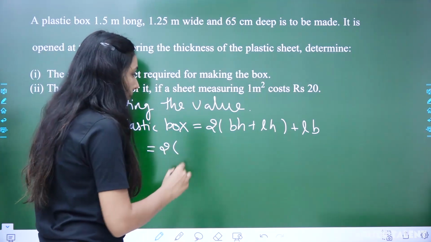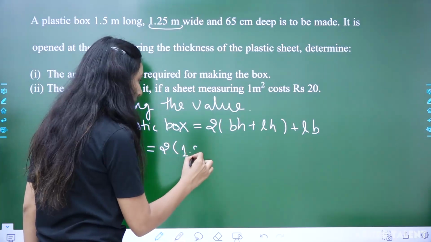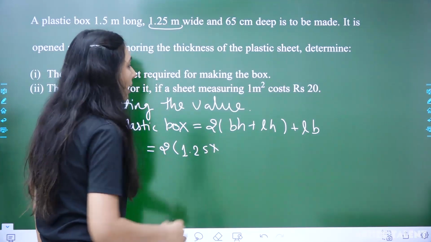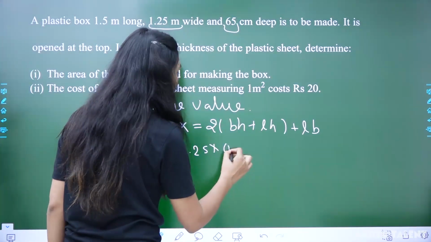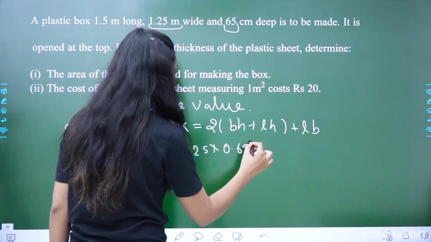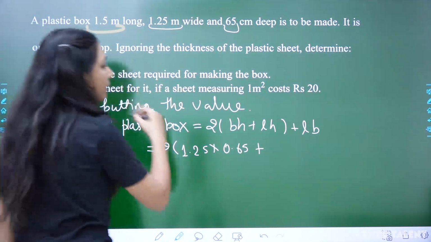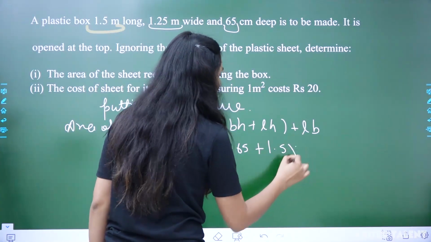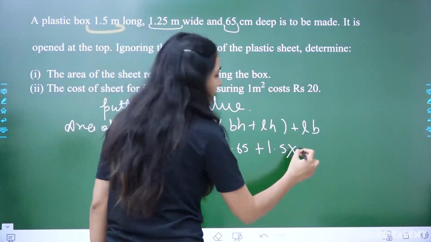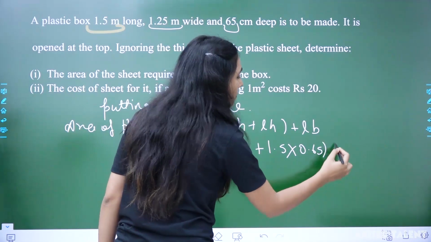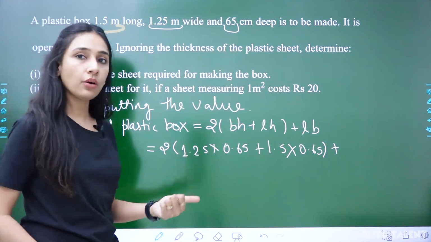Now width was given 1.25 meters, multiplied by the height, which is depth, this is 0.65 meters, plus length is 1.5 meters, and again the height is 0.65 meters, plus L. These are all values you have noted down in your notebook.